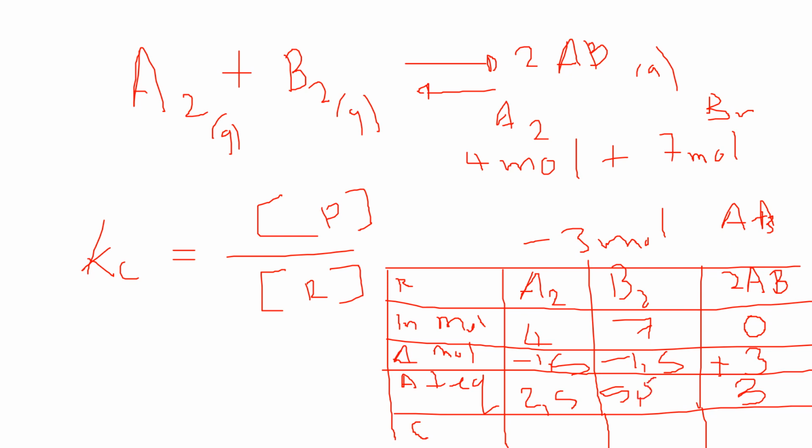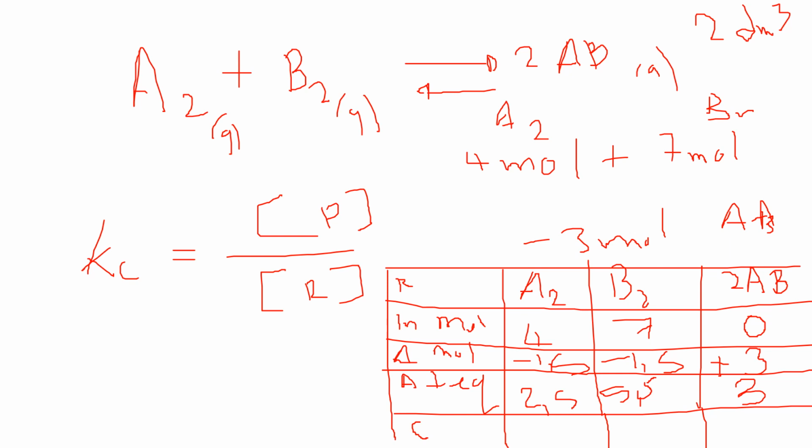And remember now, in the question they must give you the volume. They say your system is operating under a volume of 2 decimeter cubed. So you will just use your concentration equation so that you can calculate the concentration of your reactants and the product.